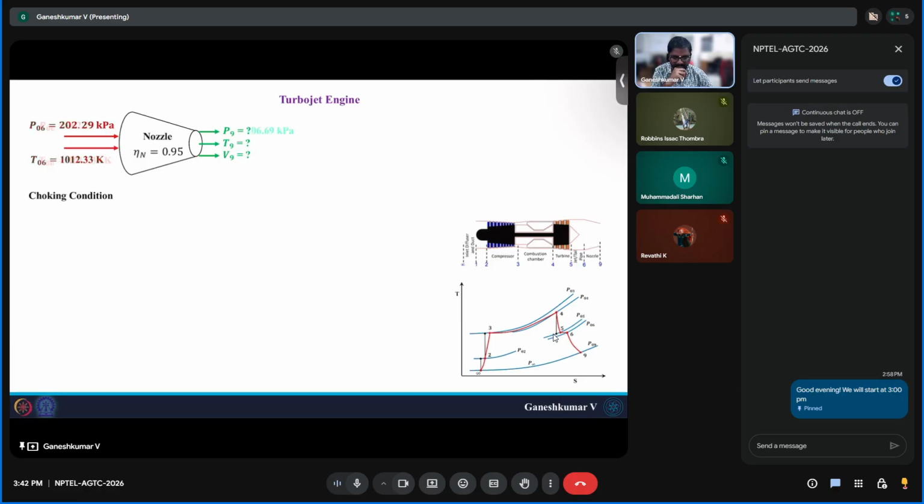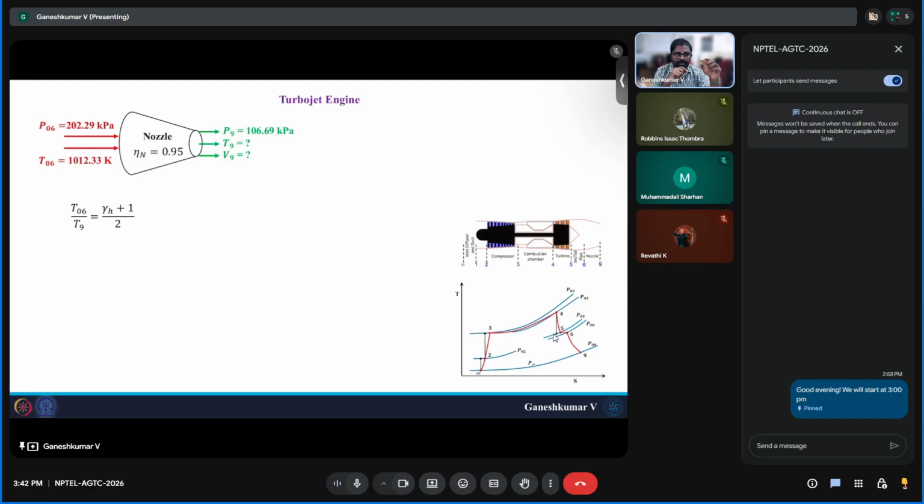So we found out P9. P9 is going to be the same as critical pressure for this case because the nozzle is choked. And now we will have to find T9. T9 is going to be T naught by gamma H plus 1 by 2. If you remember, T naught by T is nothing but 1 plus gamma minus 1 by 2 M squared.